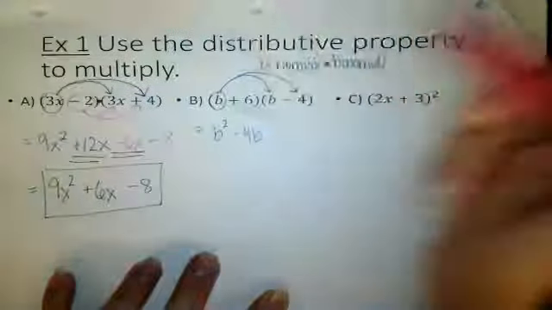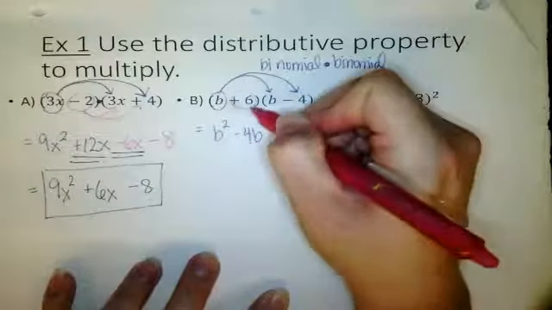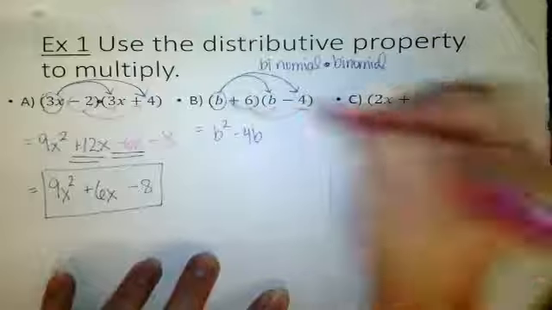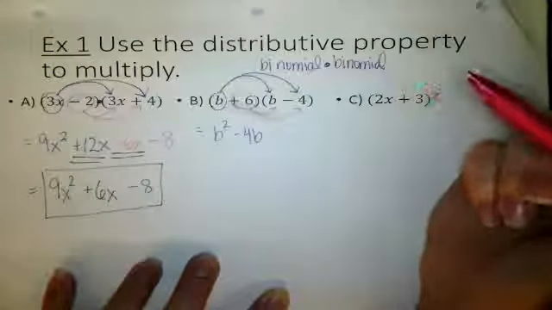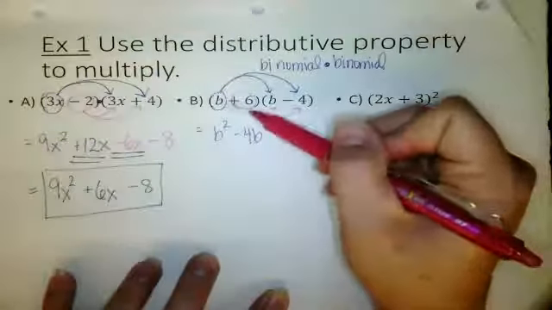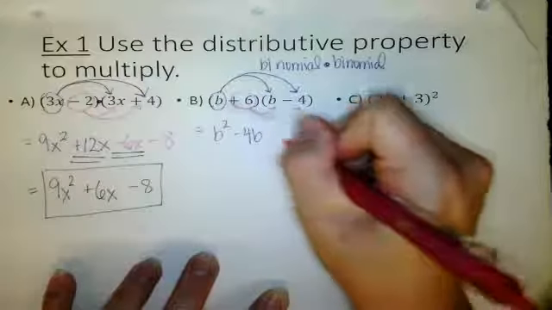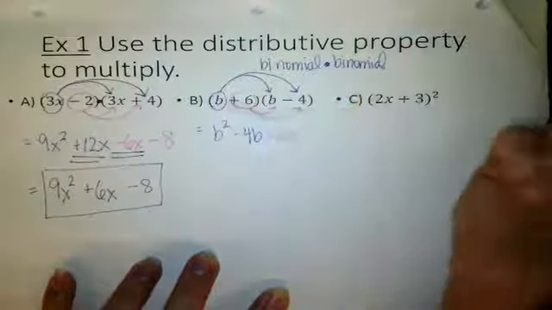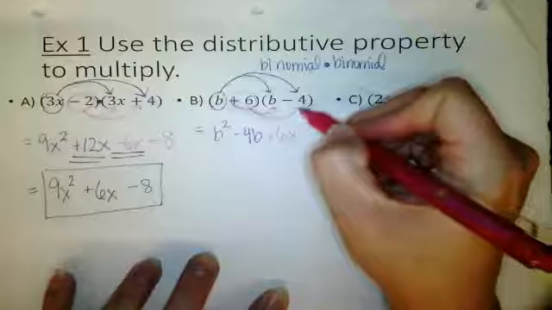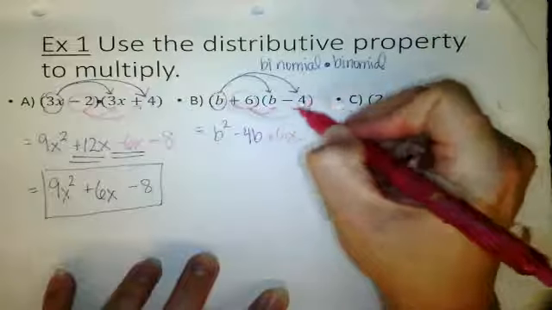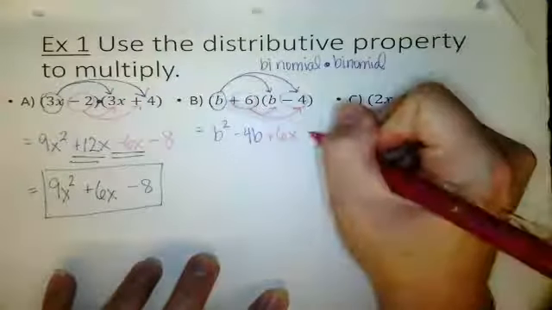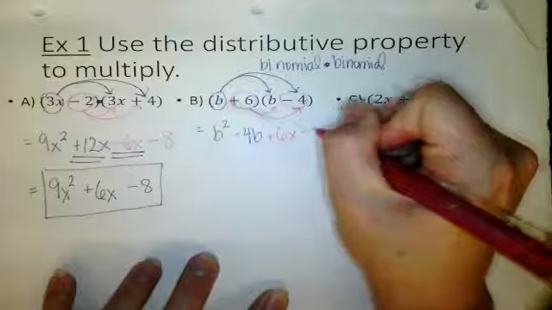And then we are going to distribute the positive 6 to both terms. So we're multiplying 6 times b, positive 6b. Always give yourself a sign there, positive 6b. And positive 6 times negative 4 is negative 24.